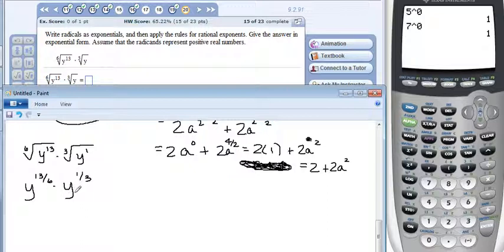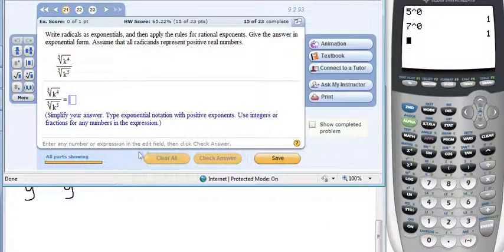We know that multiplication is addition. You're going to add the fractions, reduce it down if you can. Okay, we're almost done here. Same thing here. This is k to the 4/3, k to the 5/3. We have division, which is subtraction. We want to write it in exponential notation with positive exponents. So those are just practice.